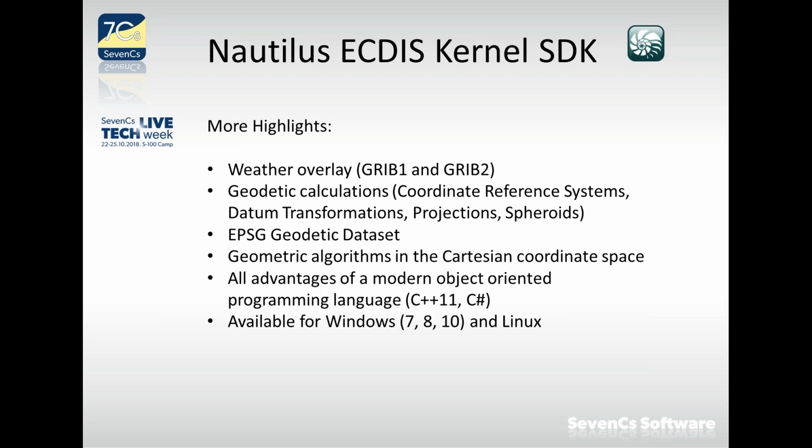There are also algorithms on Cartesian geometry here. The typical elements we have here are lines, segments, circles, rectangles, ellipses, polygons, and those things, and we can do any kind of calculations.